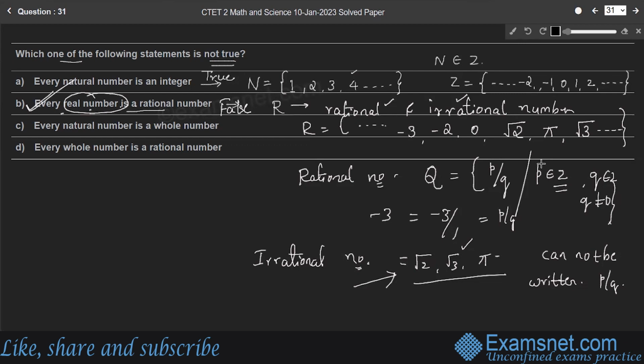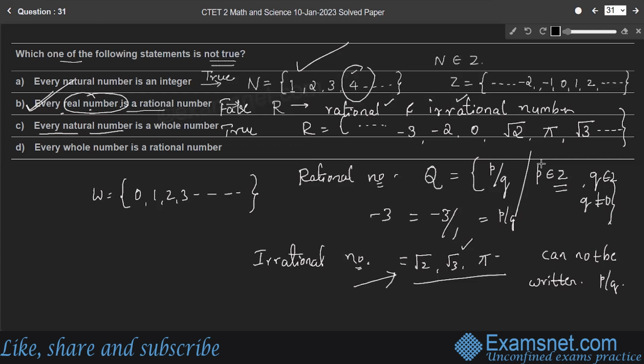Whereas the remaining statements: every natural number is a whole number. So we'll consider the set of natural numbers, right? The set of whole numbers contains even 0. So 0, 1, 2, 3, and it continues, right? You can take any natural number, and it is a whole number, which is a true statement.